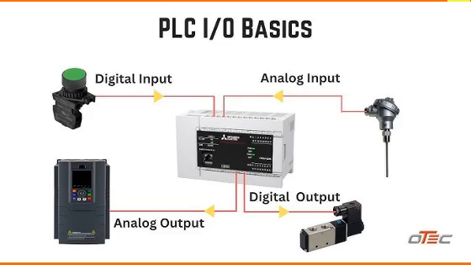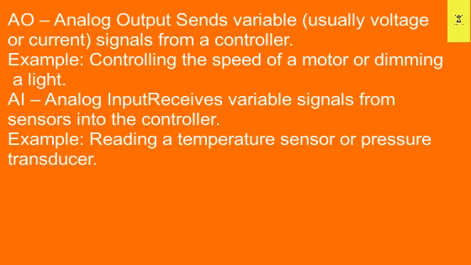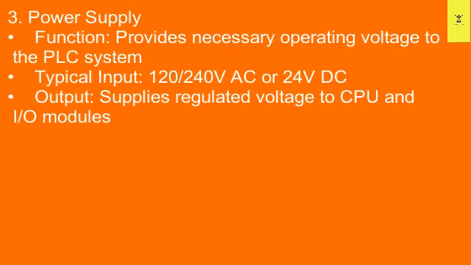If it is analog input, it is written AI. If it is digital input, it is DI. If it is digital output, it is DO. So it is very understandable. Every device has the marking, so you have to read the marking to ensure the terminals when you are going to connect.